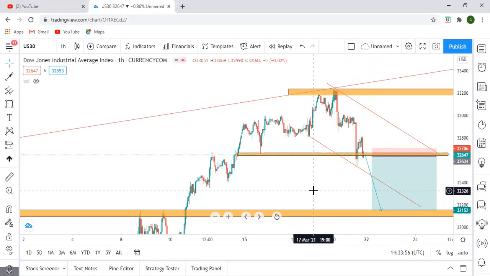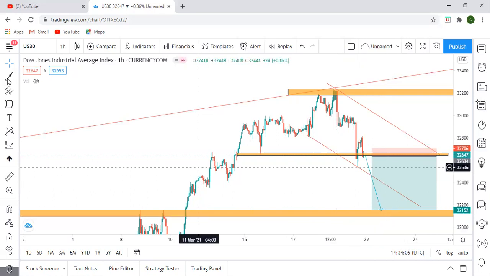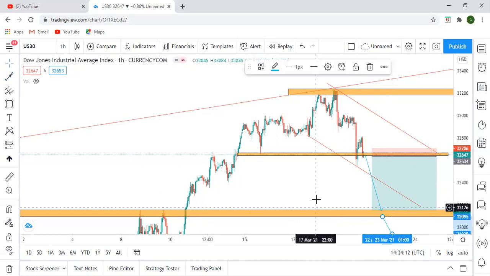From here, it will be determined by candlesticks. If we break our support, we want to wait again for a retest at this zone, and then we will take sells going down.